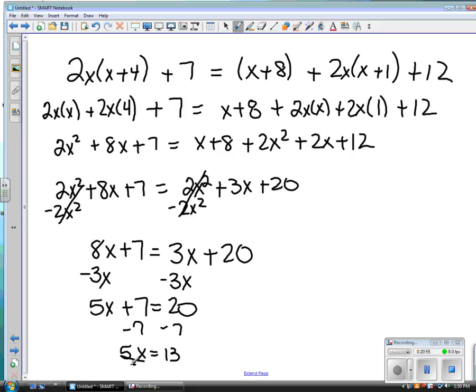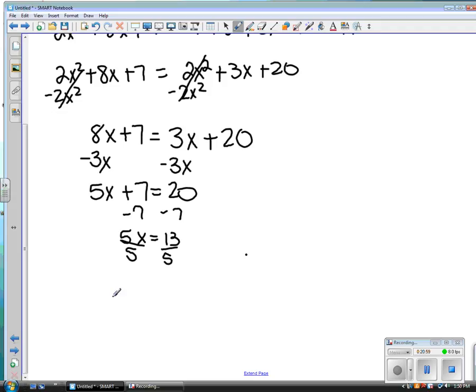And then it is x equals 13 over 5. And I'm continually leaving that in a mixed number. I mean, an improper fraction. The mixed number's okay. It's fine to go x equals 2 and 3/5.